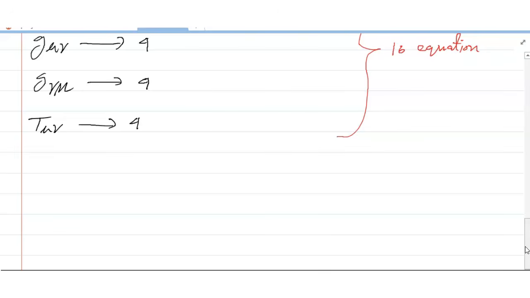So friends, I have already discussed the metric tensor in my videos. You will see that it is represented in matrix form.